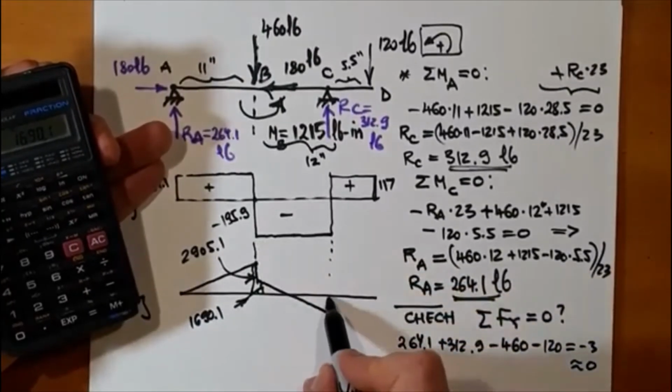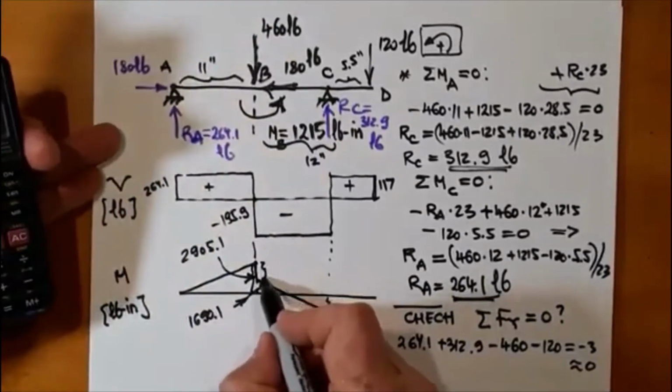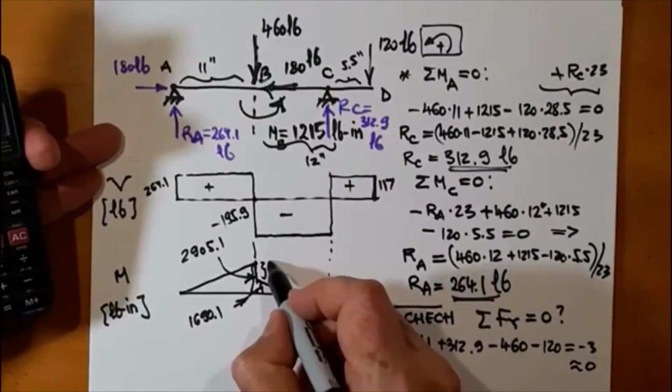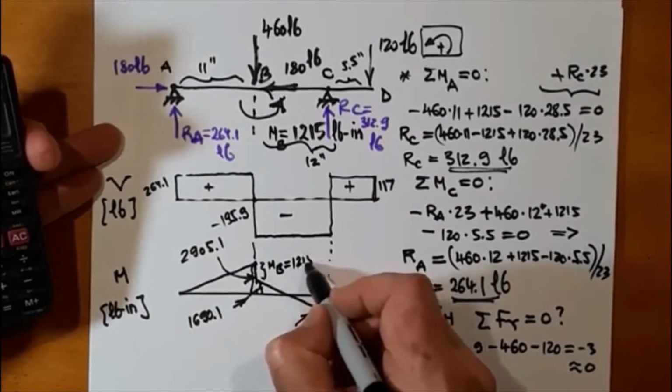So how big is this moment? Let's calculate it. Again, this piece here is equal to MB, that is 1215.